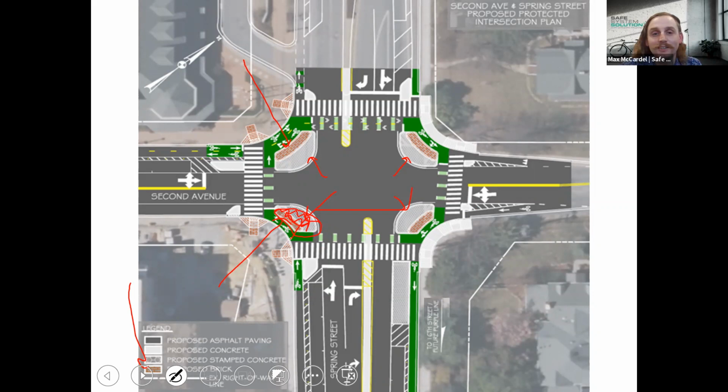So instead, we're only going to raise up half of it, and the other half can be flush, with the idea that we do want to slow down all motorists that are performing turning maneuvers there, but we also want to allow for smooth swept paths for our heavy or long vehicles.